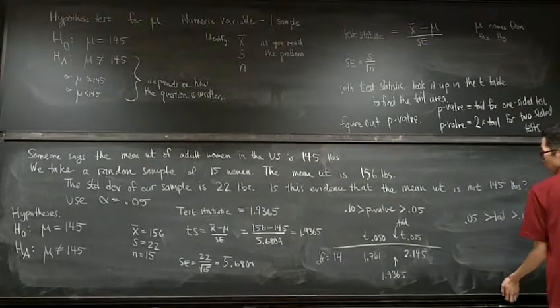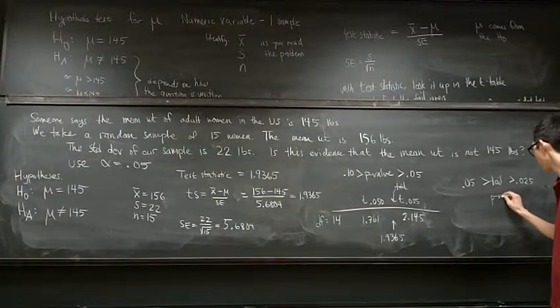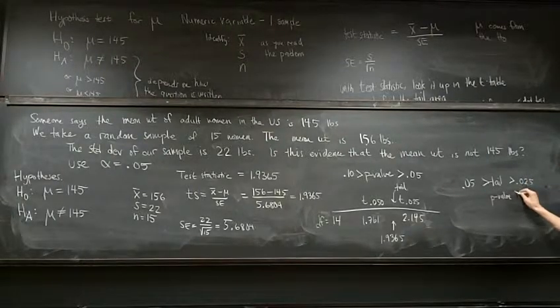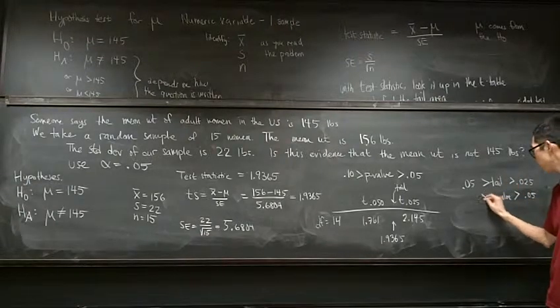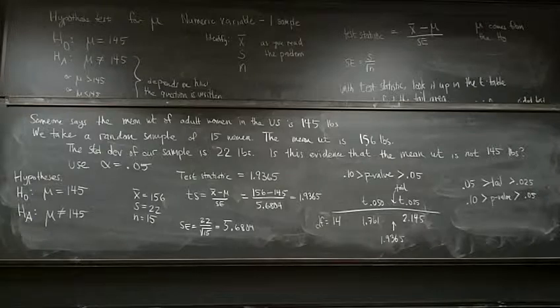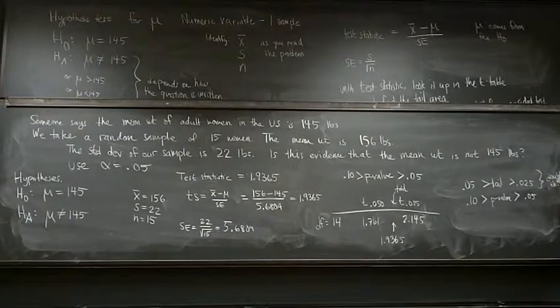My p-value is 0.025 times 2, and 0.05 times 2, which gives 0.10. So I double this to get my p-value.